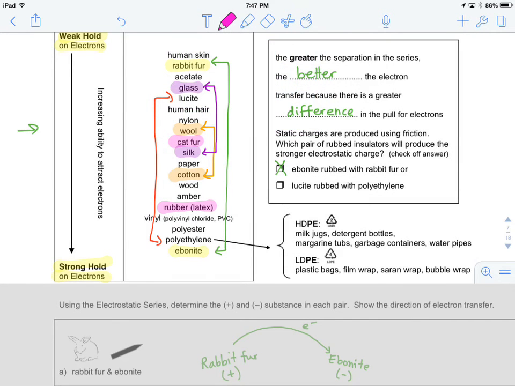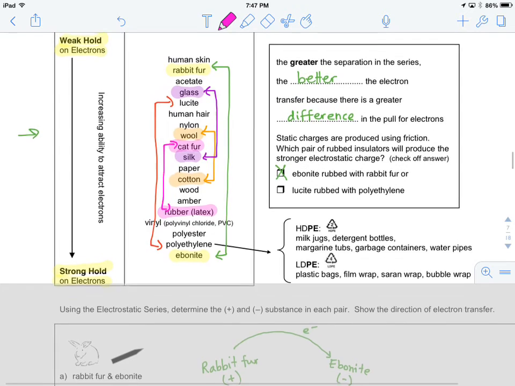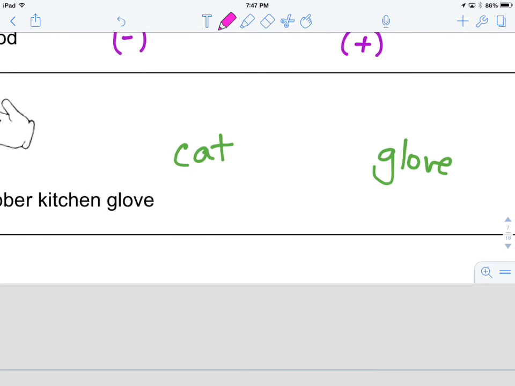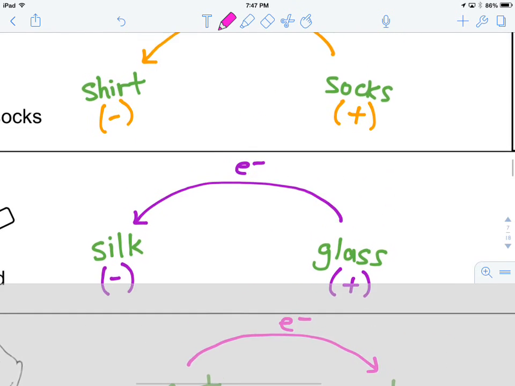And so cat fur and latex, quite the separation. Cat fur has a weaker hold, so the cat picks up a positive charge. The rubber glove picks up the negative charge, and of course electrons flow from the cat to the glove.